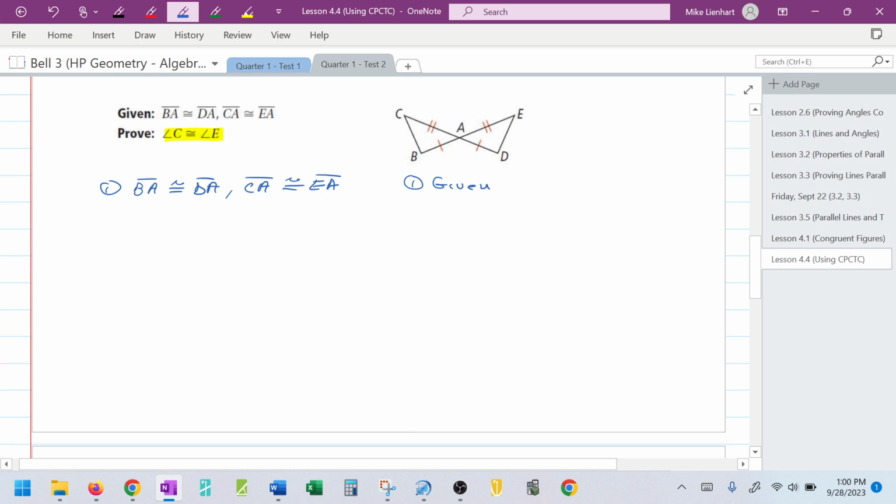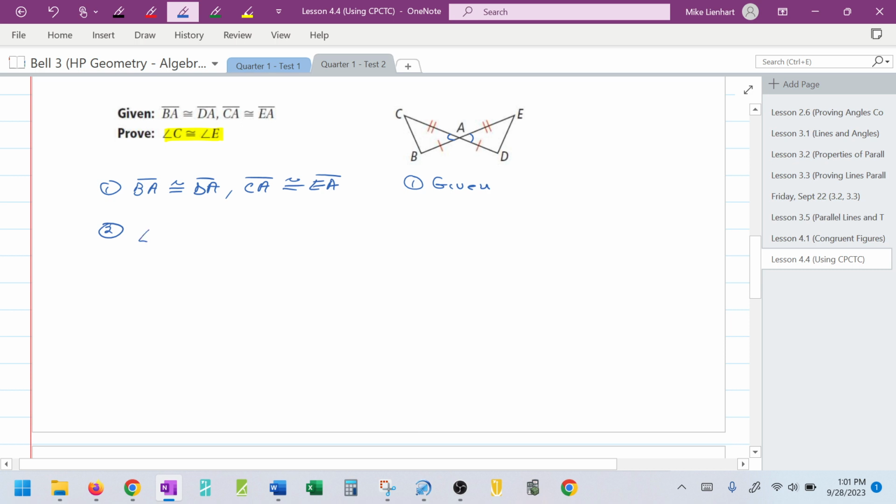Now I look at the picture. There's no way for me to identify that CB and ED are congruent, so I'm not going to use side, side, side. I can, however, say that this angle is congruent to this angle. I know those two angles are congruent because they're vertical. So I'm going to carefully name each angle. I have to use 3 letters.